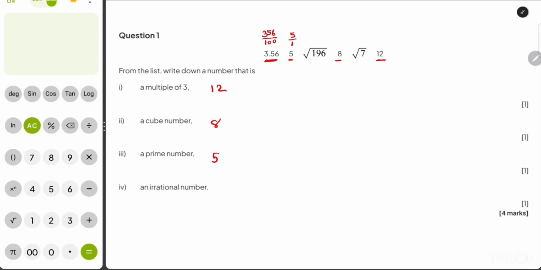Square root of 196, see on the left hand side of your screen, that is 14, and 14 can be written as 14 upon 1, so yes, it is rational. 8 is also written as 8 upon 1, so it's rational, and 12 is also 12 upon 1, so it's rational. Only square root of 7 is left, which is irrational because 7 itself is a non-square number, and square root of non-square number is irrational. This is why square root of 7 is irrational.